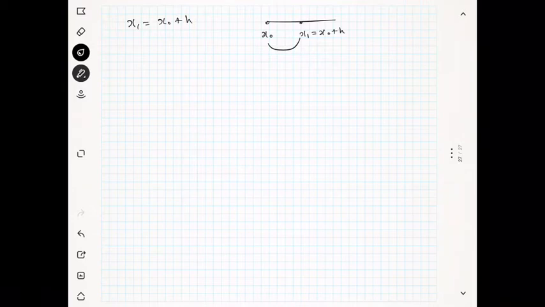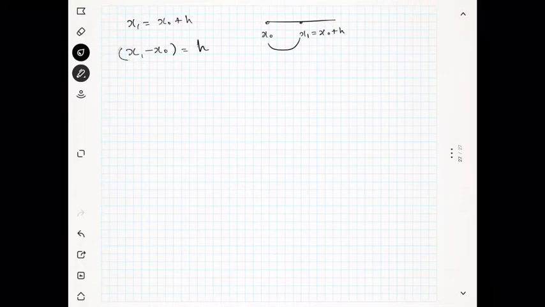Now you know that x1 is equal to x0 plus h, because you have a point x0 and you move to another point x1, which is nothing but x0 plus h. So x1 minus x0 is equal to how much? It is nothing but h, right?